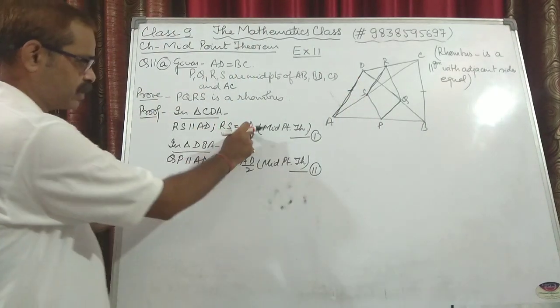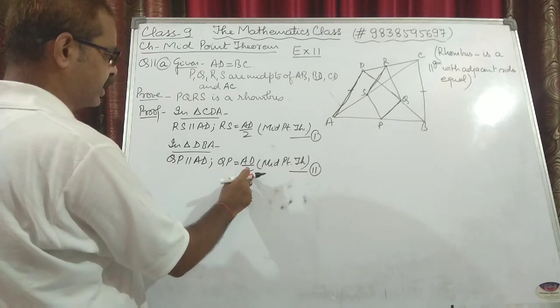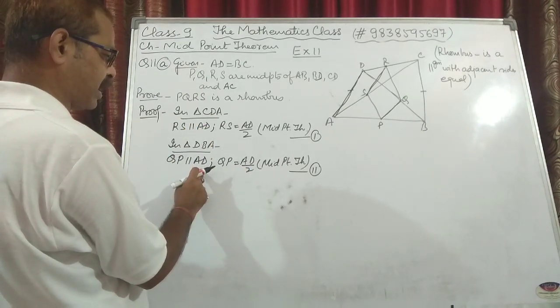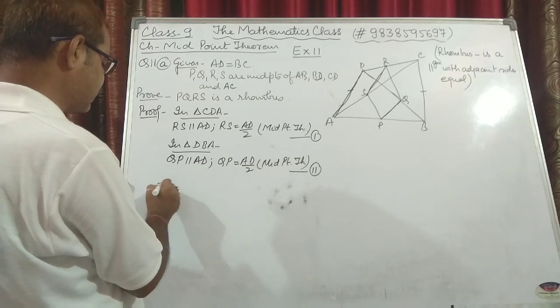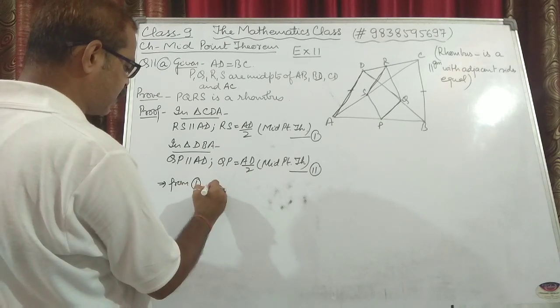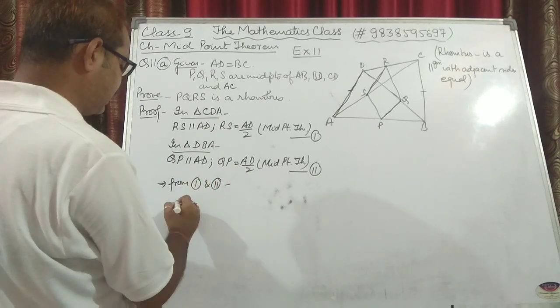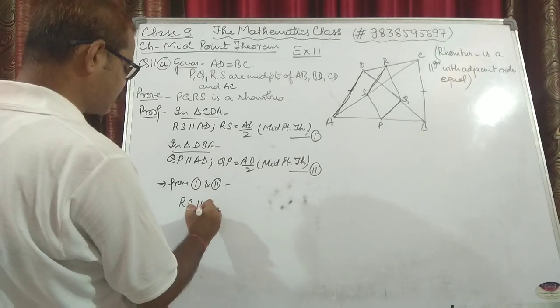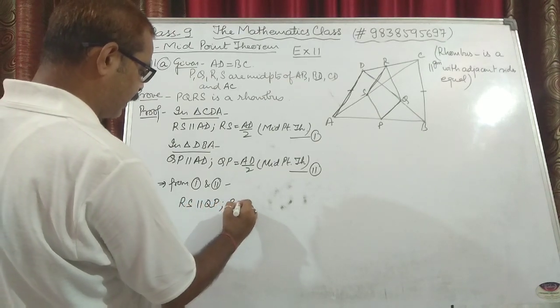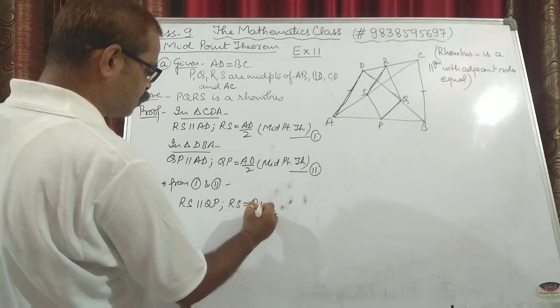So RS is also AD by 2, QP is also AD by 2. RS is also parallel to AD, QP is also parallel to AD. It means we can say from 1 and 2, what do we get? From equations 1 and 2, we can say that RS is parallel to QP and RS is equal to QP.